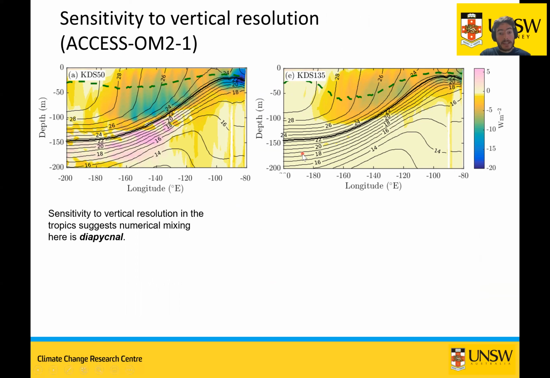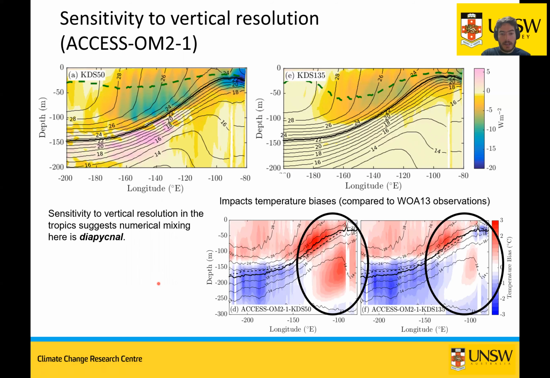Because we're in the tropics, density is really dominated by temperature, and because it's sensitive to vertical resolution, we think most of the numerical mixing in this tropical thermocline region is diapycnal. That's a nice thing to know.